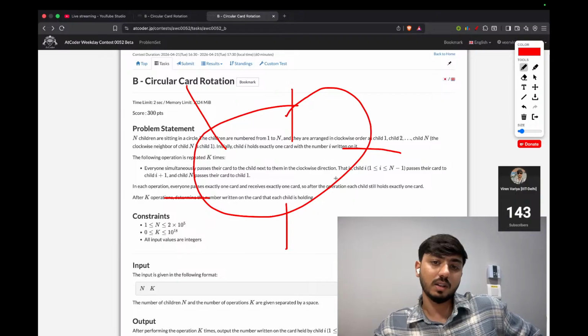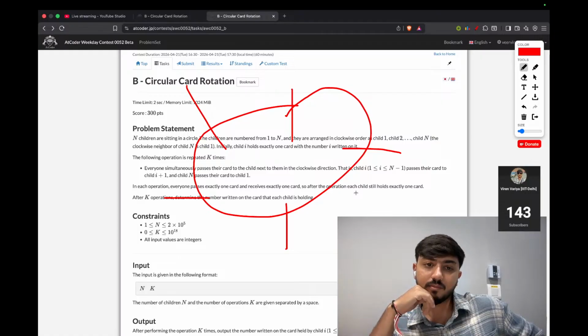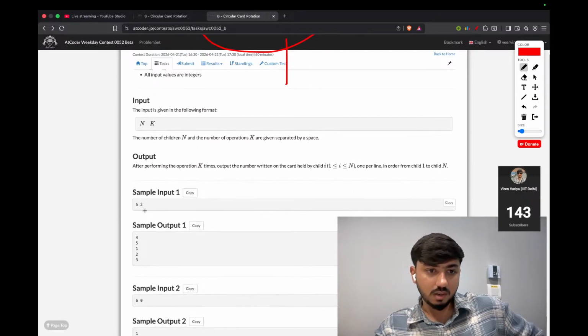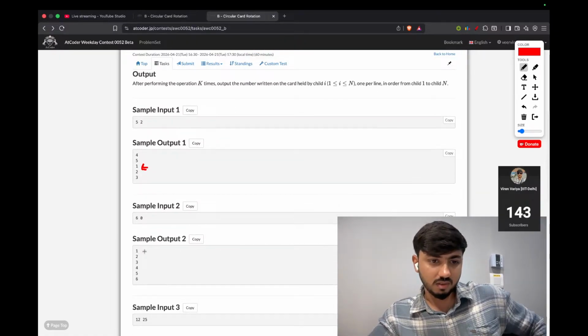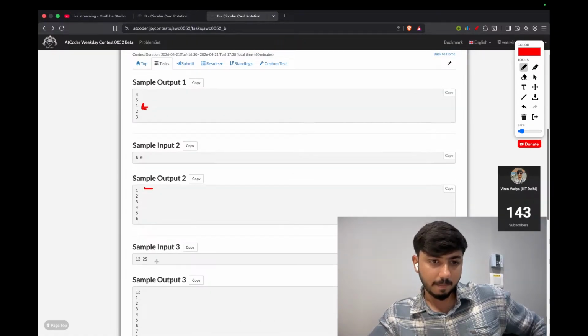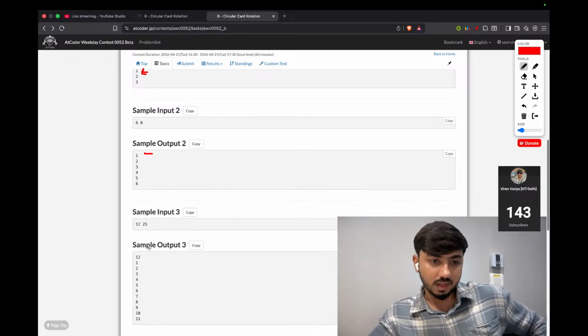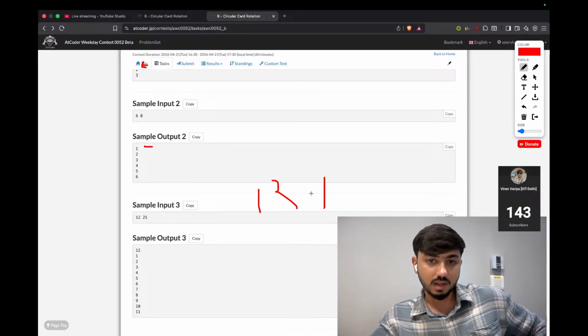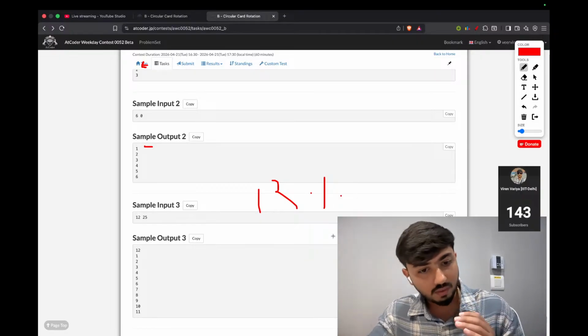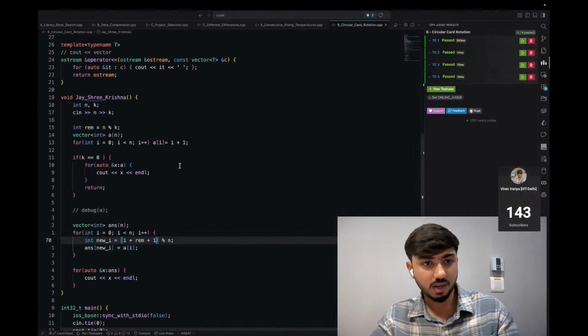K times will rotate this wheel, and that's all we want. If K is 2, then everything is shifted by 2. If K is 0, everything is shifted by 0. 25 means everything is shifted by 1, because 25 mod 12 gives that. So we need to shift everything by the remainder.